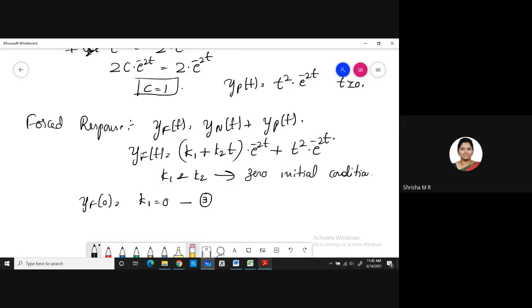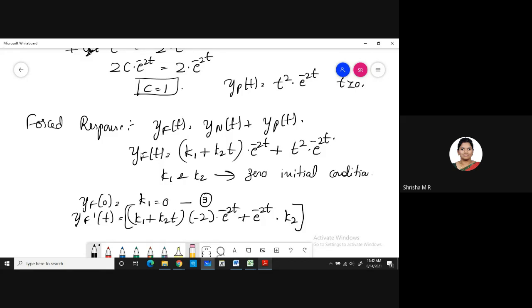So next, if you differentiate, yf dash of t, what will you get? So this is product rule you do. So we have k1 plus k2t into minus 2 into e power minus 2t, correct, plus e power minus 2t into k2.